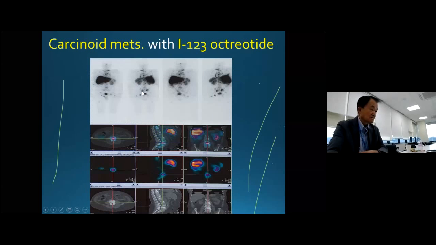So many multiple nodes. This is the usual finding in many cases. Because of slow growth, some bone lesions are osteoblastic.